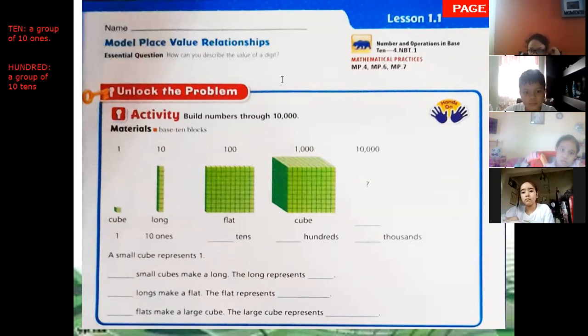So what does it mean? That this one has 10 ones. These are the ones, okay? But this 100 has 10 tens. 10, 10. Okay?